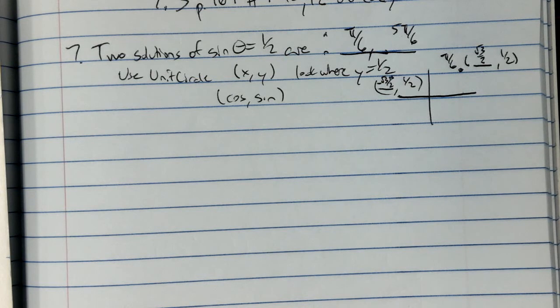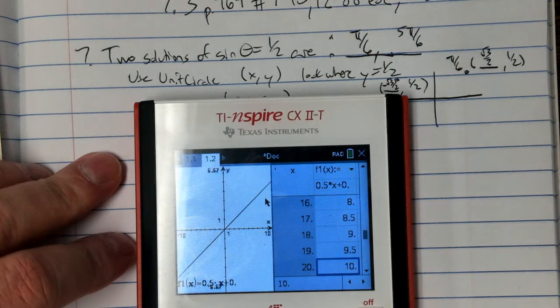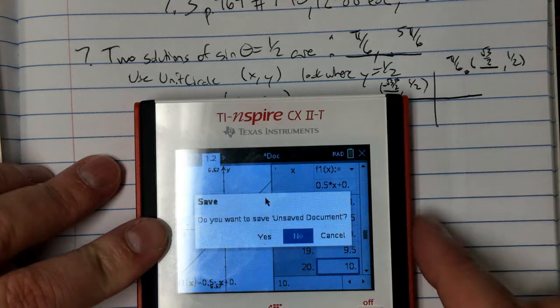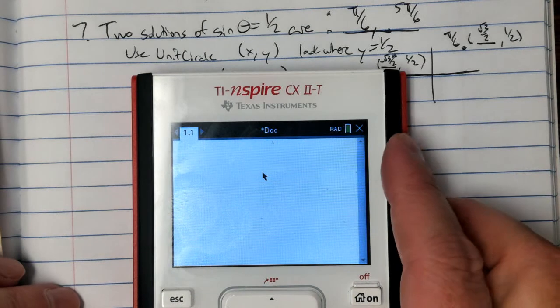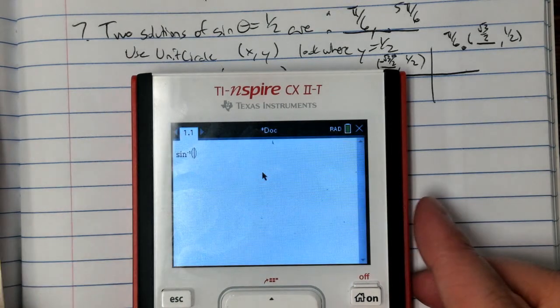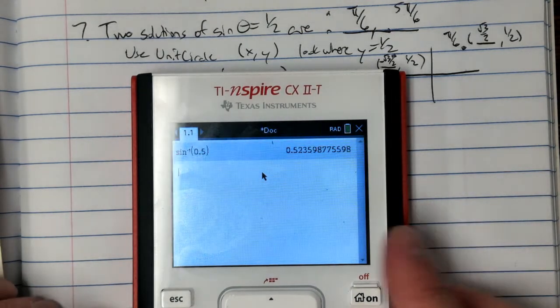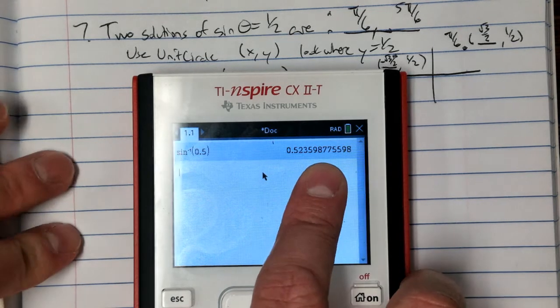So that's going to be your best bet, to use your unit circle, because if all you do is use your calculator in a certain manner, like if you do sine -1 of 1/2 or 0.5, all you're going to get is one answer.